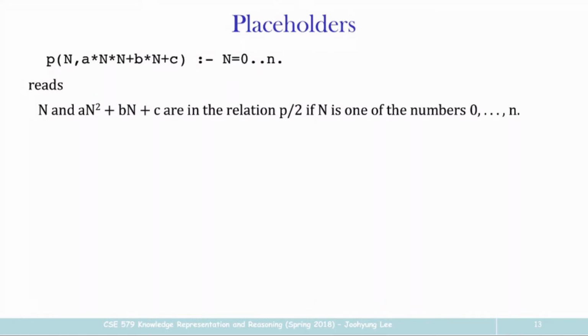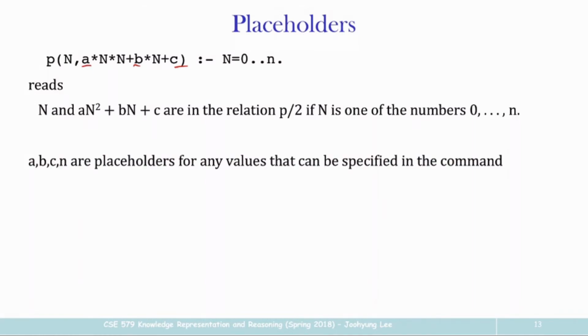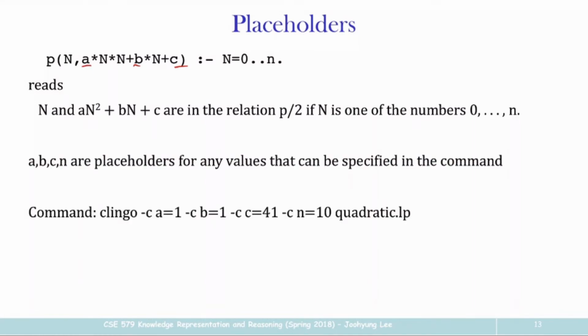Now, sometimes we want to have a more general polynomial. So the coefficients here are a, b, and c. Previously it was just 1, 1, and 41. We can write some placeholders a, b, c here. These placeholders will keep some value, and we specify this value in the command line.